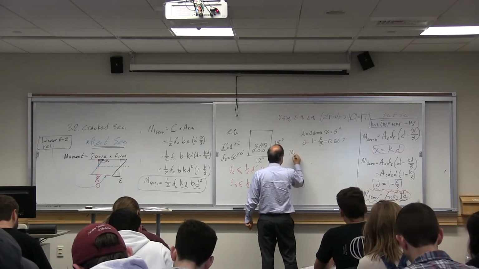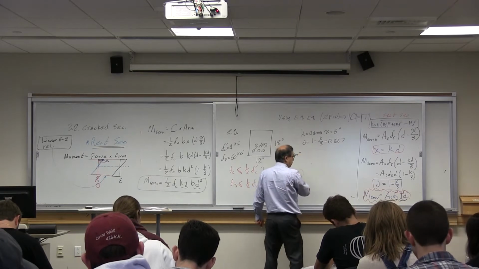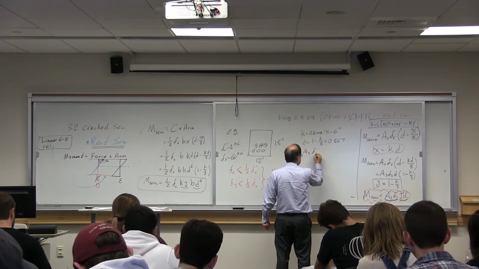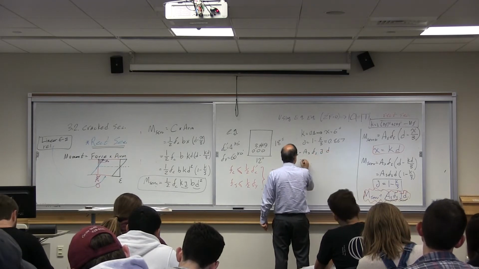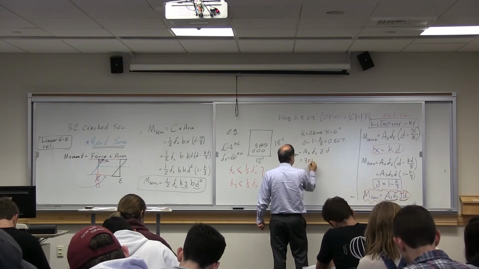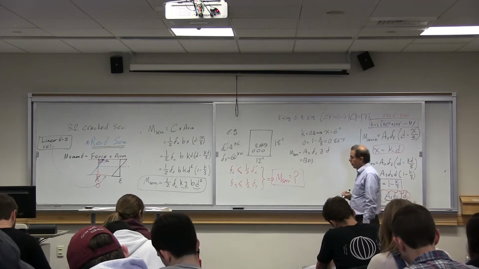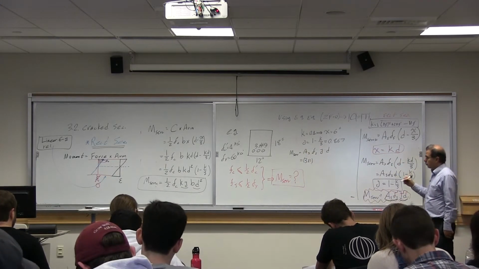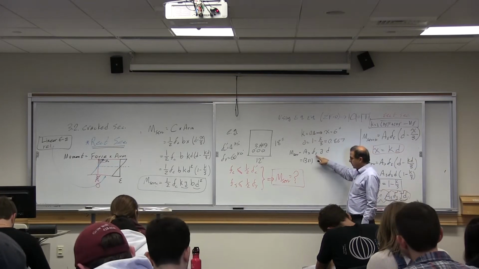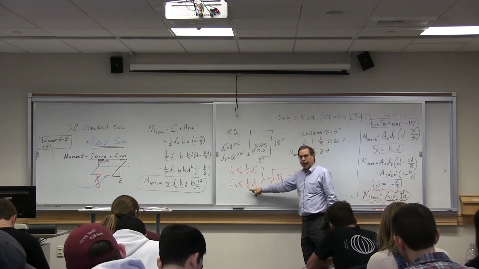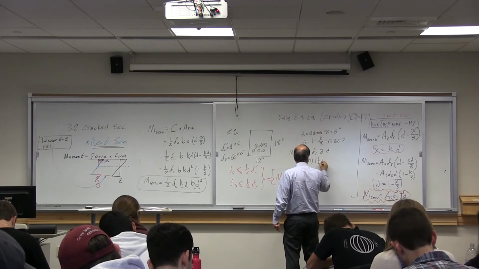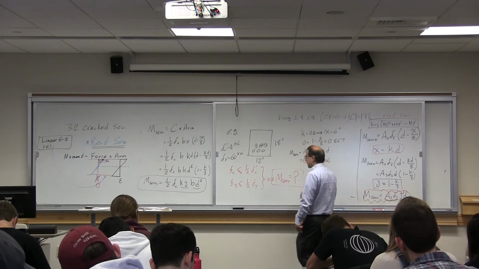Then M service is equal to As Fs JD, which is equal to 3 times 1. That's the area of the steel, 3 number 9 bars, 3 times 1. Fs, we want to be at most 1/2 of Fy, multiplied by 1/2 of 60.